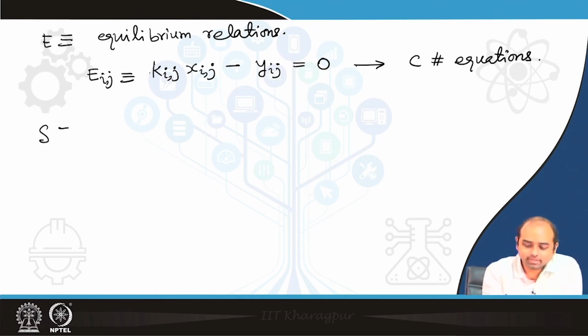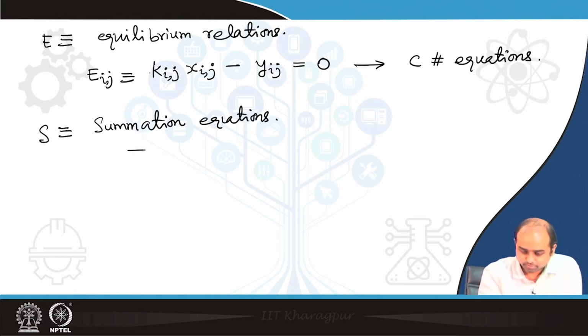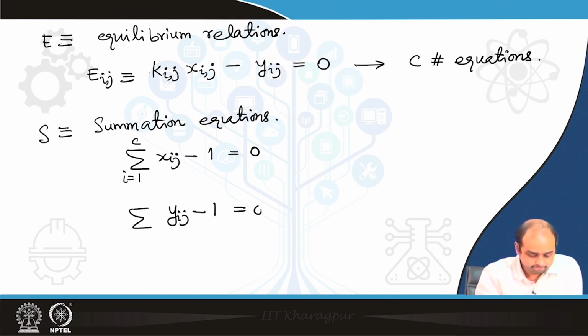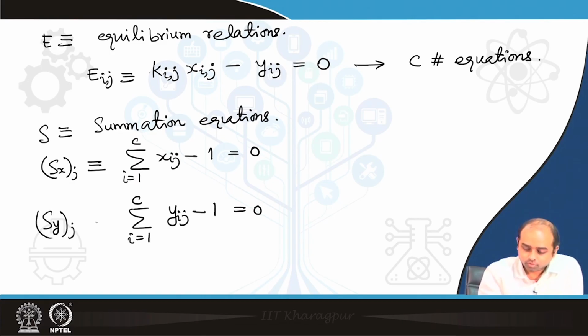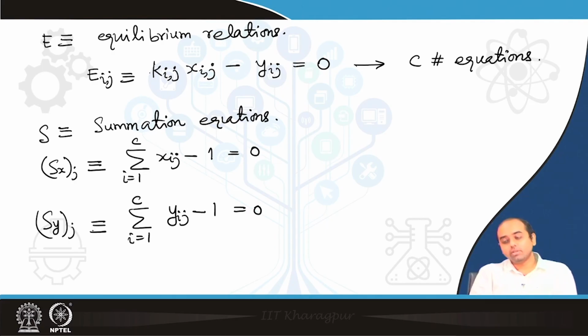Next is the summation equation. Right, for all the components this balance has to hold at each tray, right? So these two summation equations have to hold, isn't it?